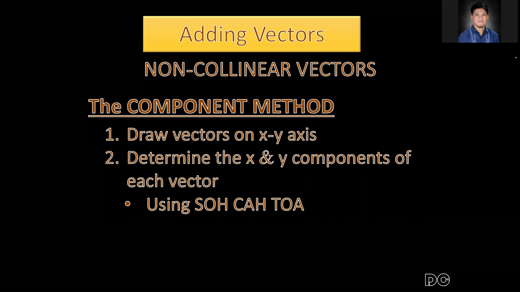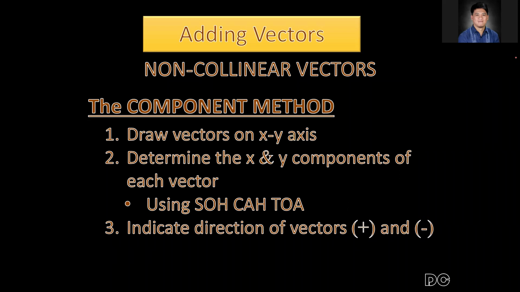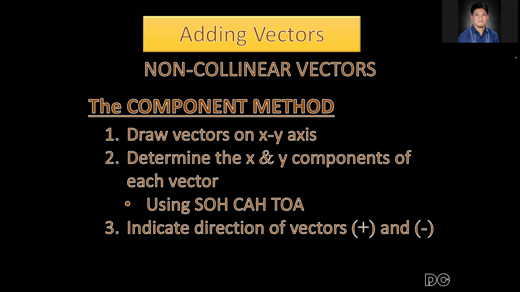After you solve for the x and y component, next is to indicate the direction of vectors, whether it is positive or negative. We already tackled the sign convention on the Cartesian plane: the positive x, the negative x, the positive y, and the negative y.